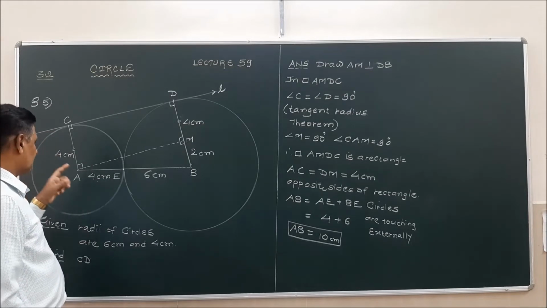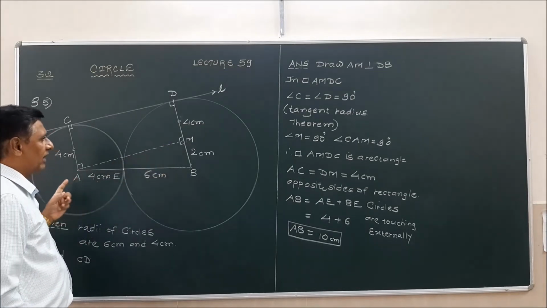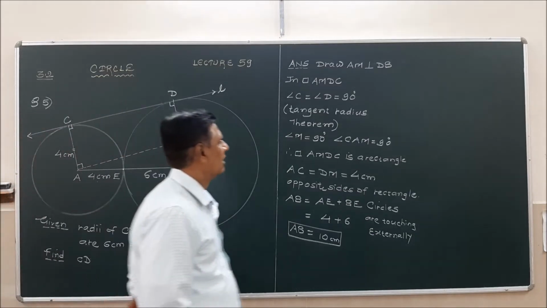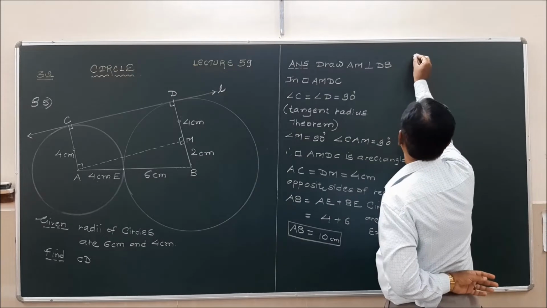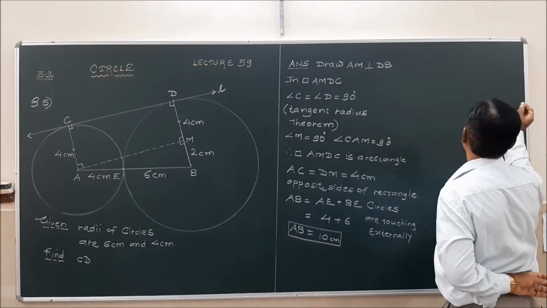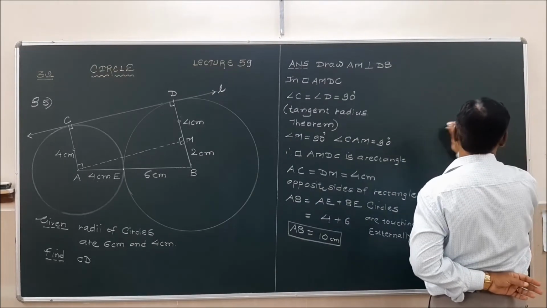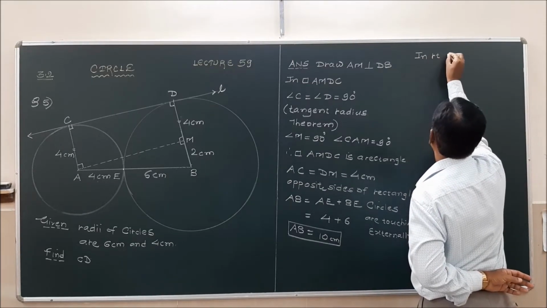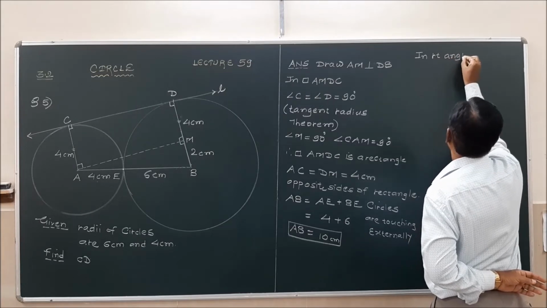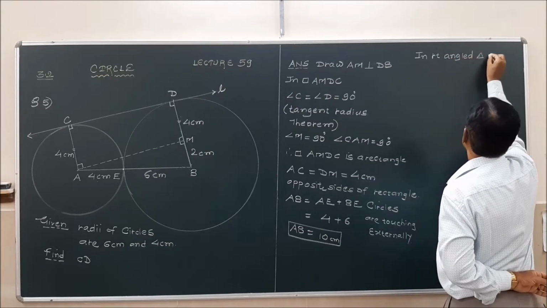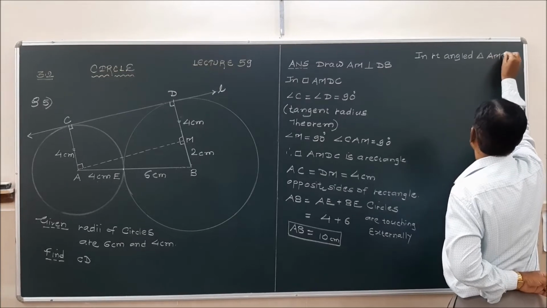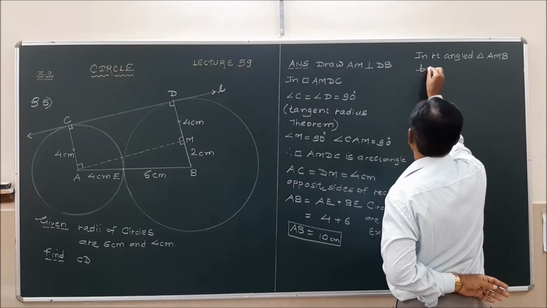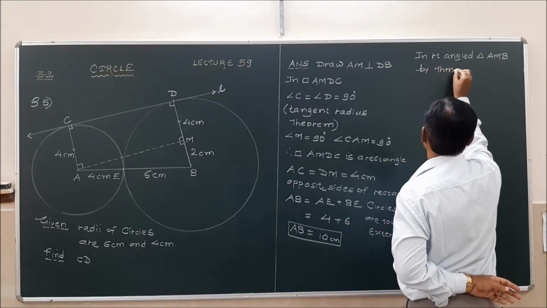Now, as I explained, I am going to apply the theorem of Pythagoras. In right angle triangle AMB, triangle AMB is a right angle triangle.